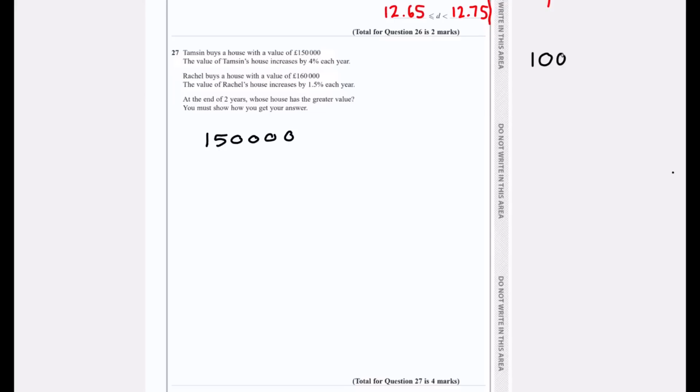So if I want 100%, which is my original, my 150,000, add on 4%, that means I'm working out 104%. And I can do that by timesing by 104%, or as a decimal, 1.04.